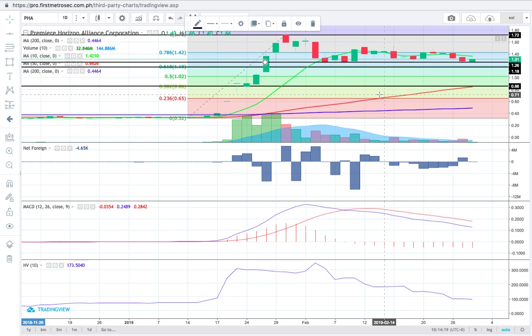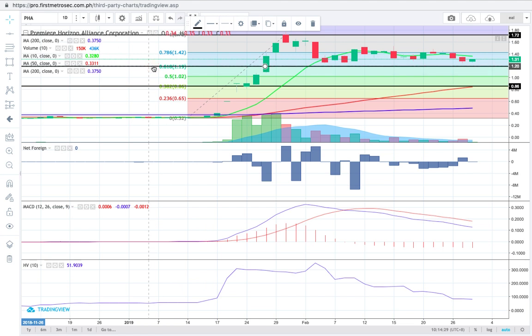But generally speaking, considering those and that of Fibonacci, I would say that the major support here is at 1.20. So let's remove this one. Let me just round it up. Okay, 1.20. That's where I would want to place the immediate support for PHA.